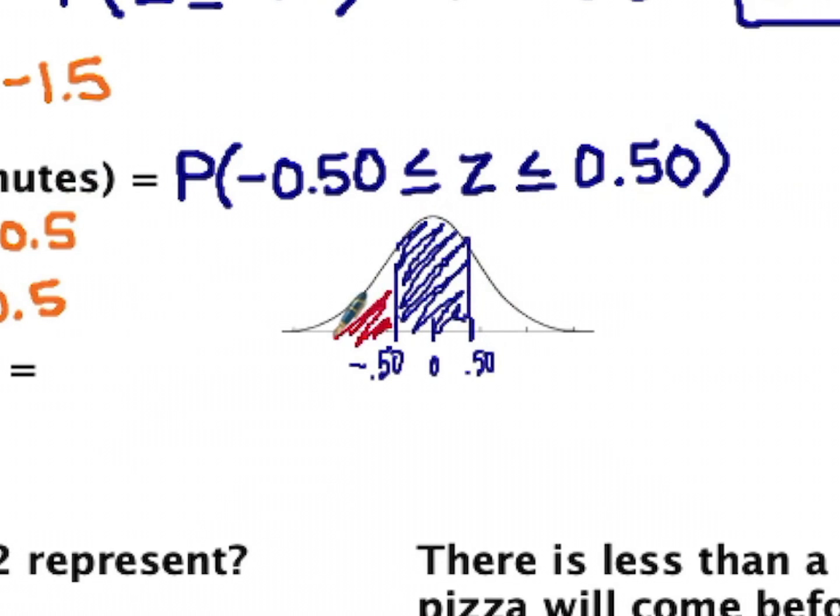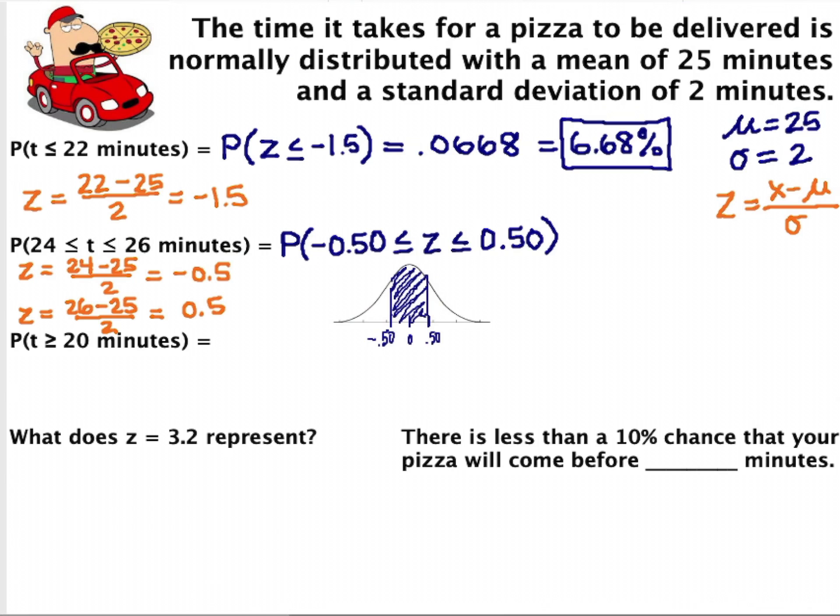So I could calculate this part of the area really easily. I could even calculate the 0.50 and down really easily. Well, would you believe that the area between those two numbers would be the same thing as taking the area from 0.5 and down, and then just subtracting off that extra part right here we don't need?